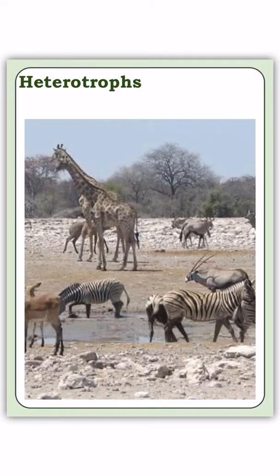Heterotrophs get their food from eating other organisms. Those organisms may be plants, fungi, or other animals. These organisms provide a source of organic carbon for the animals that are eating them. And again, contrasting that with autotrophs, they get nutrition from themselves through photosynthesis or chemosynthesis, those other types of processes.